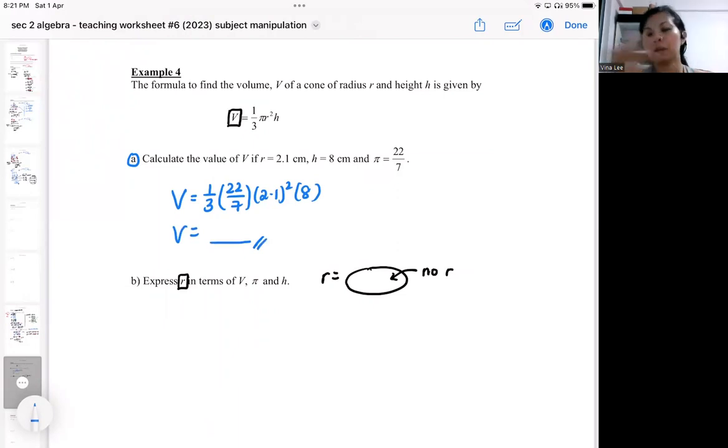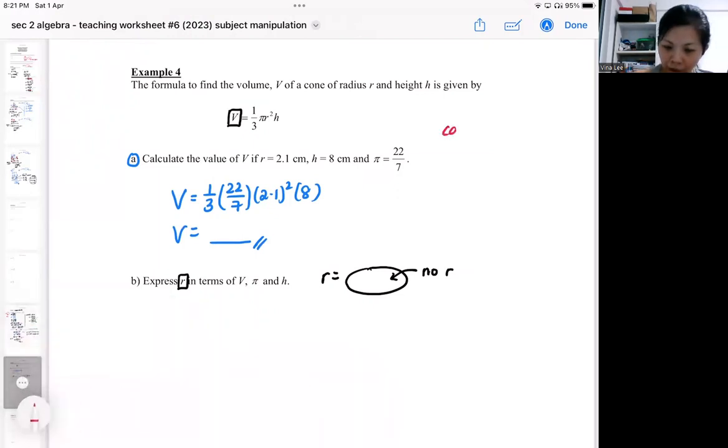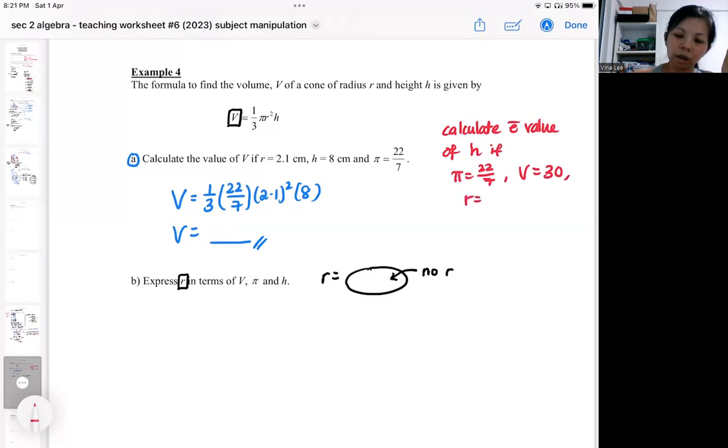But sometimes they might give you values and then you might need to manipulate a bit. So maybe I can change the question to something like calculate the value of H if, let's say, pi is 22/7 and volume is 30, and then R is 4.7.